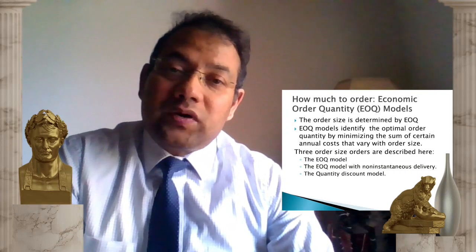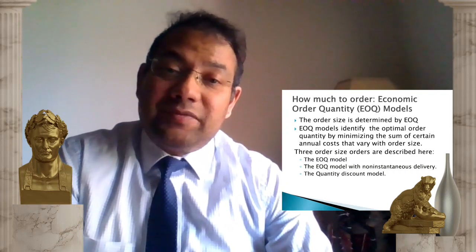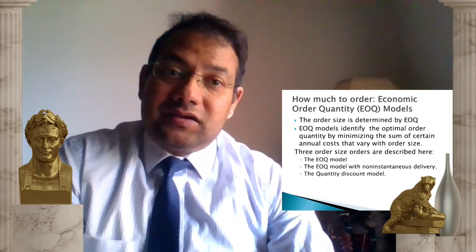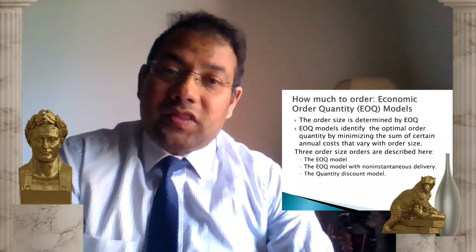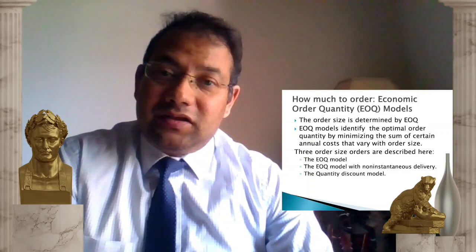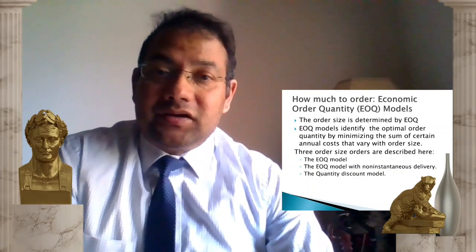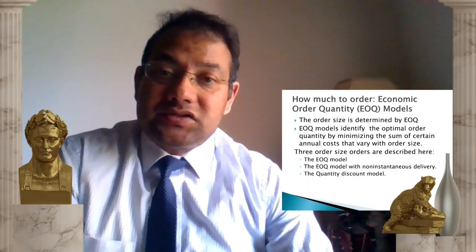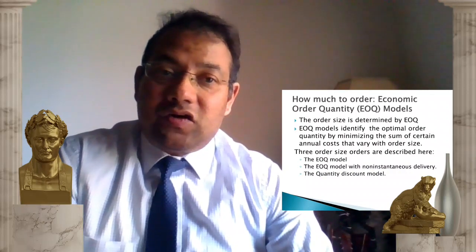If they order more quantities, the cost of storage or carrying becomes high. Second thing, when to order. If they order every day, that again has repercussions on cost. So they need to decide how much to order and when to order.